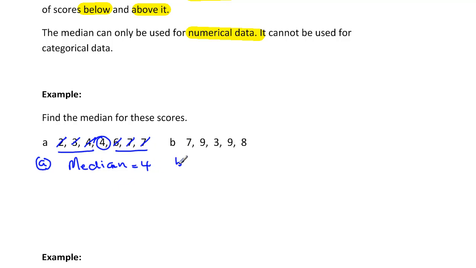Look at B though. Are they in order? The answer is no, they're not in ascending order. So the first thing we need to do is arrange them. If we don't arrange them in order, you cannot work out the median. You've got to arrange them in order.